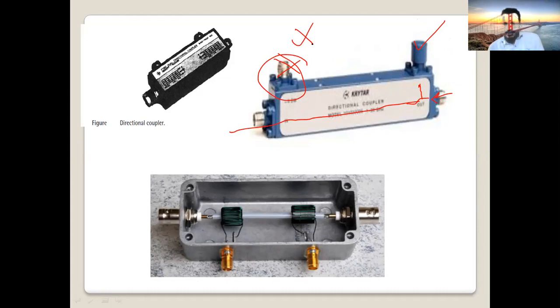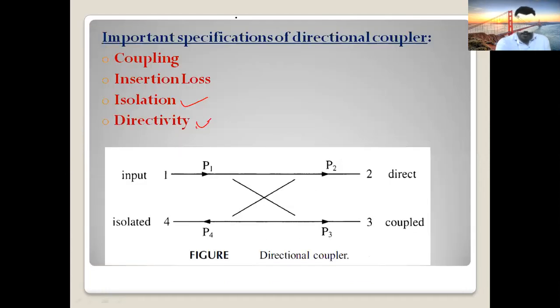But practically, there is a small amount of power going in the wrong coupling direction. What we call isolation or directivity.